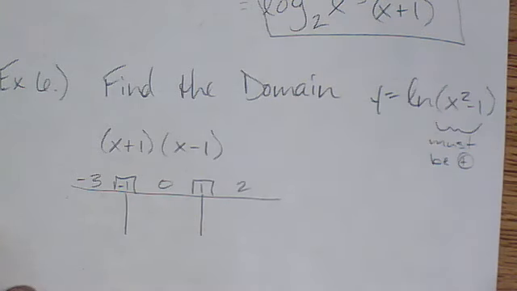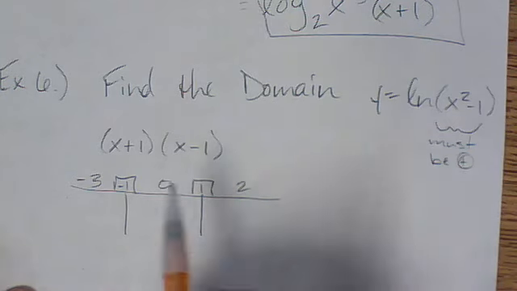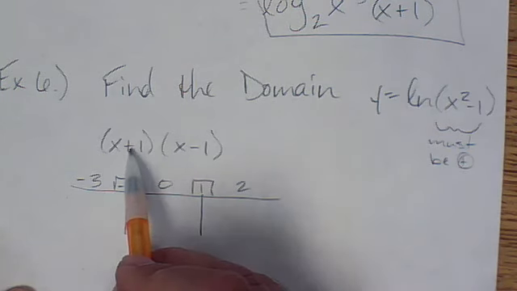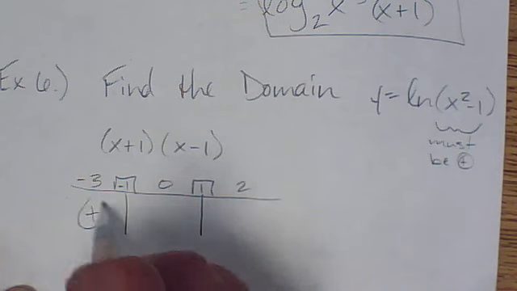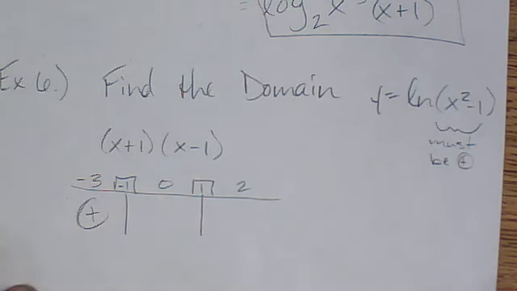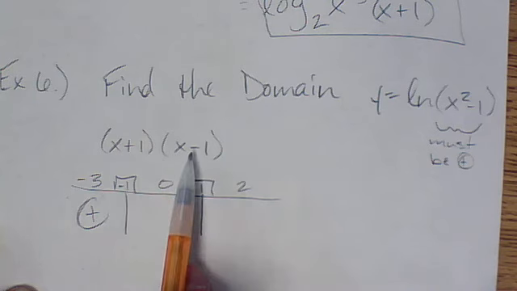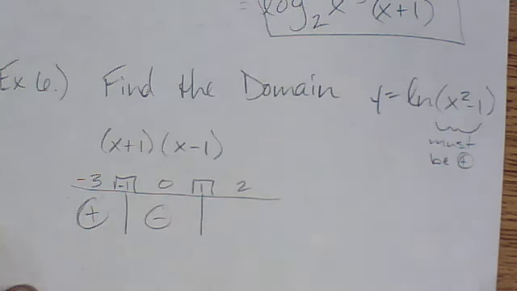So I'll just use 2. When I plug in a negative 3 here, I get a negative 2 times negative 4, which is positive 8, so that means I have positive there. When I plug in a 0, I get a negative. When I plug in a positive 2, I get a positive.